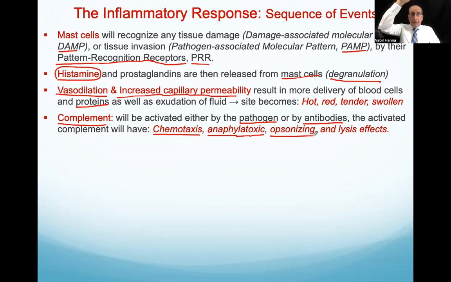So they mark the pathogen: this is the bad guy, kill it. And finally, they themselves can attack the pathogen, and they have lytic effects, they can destroy the pathogen themselves. So these are the functions of this protein known as the complement, which is the protein component of the inflammatory response.